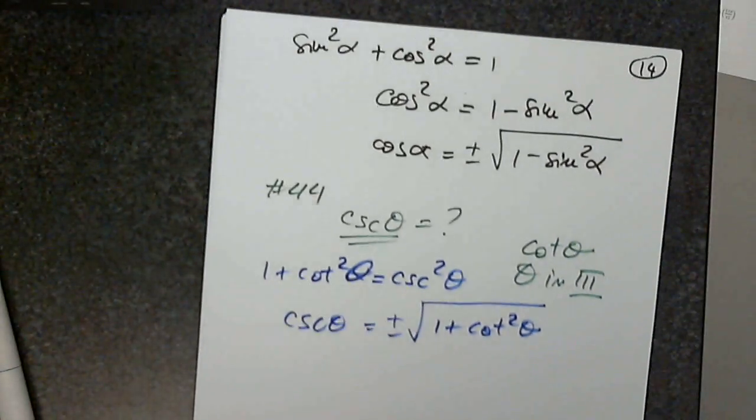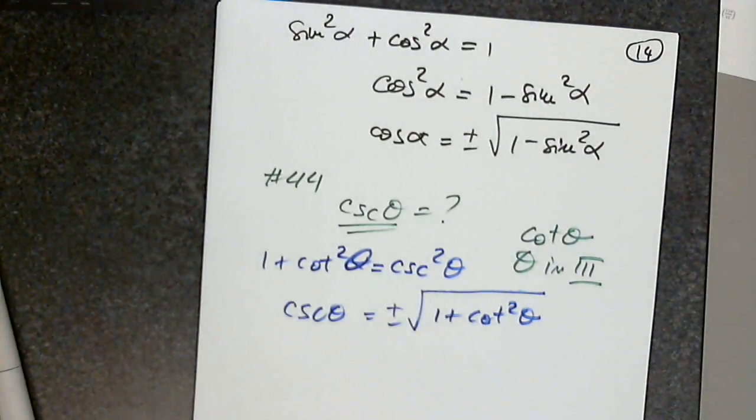So please remember, there is a relationship that connects sine and cosine, and there is another relationship that connects cotangent and cosecant, and there is another relationship that relates tangent and secant. So now I would like to know which sign. I cannot keep both, because in each quadrant, each trig function has only one sign, not two.